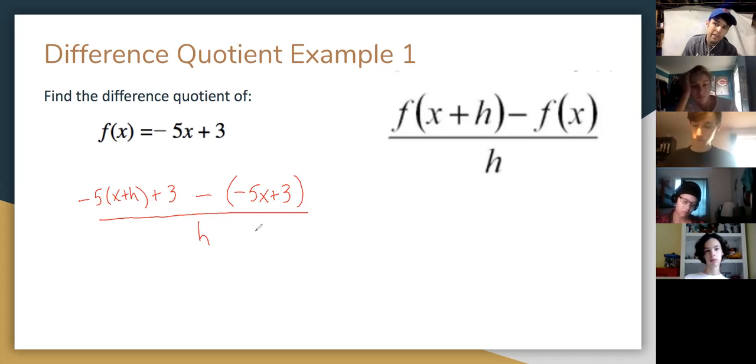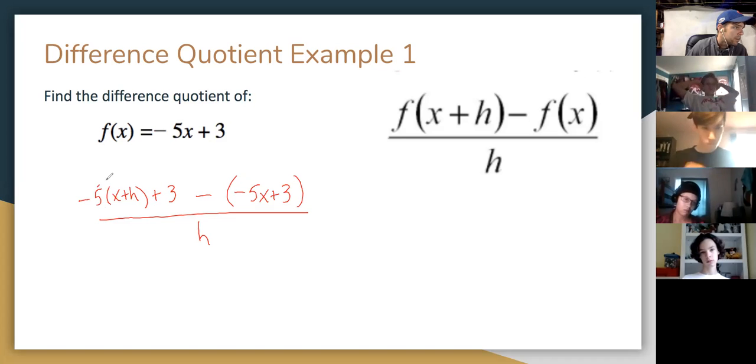Now, the idea of this is that at some point, we're going to be able to simplify this enough that h actually is just going to go away. We're going to be able to get it out of there, ideally. So let's see what happens here. So I'm going to distribute. I keep clicking the button on my pen and it messes things up.